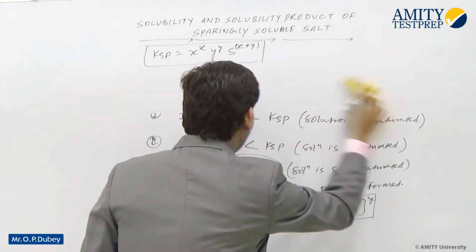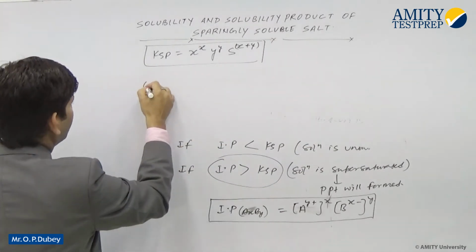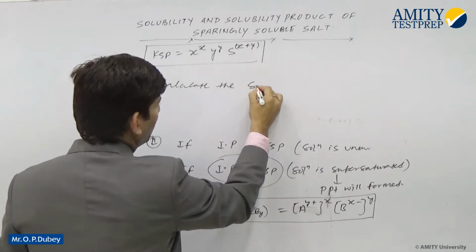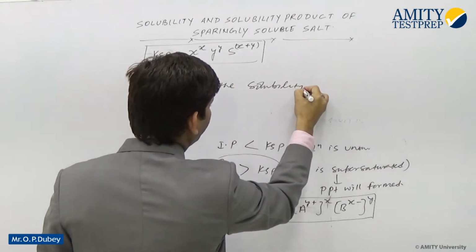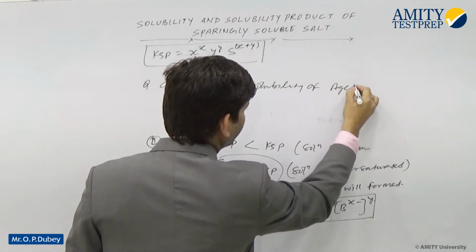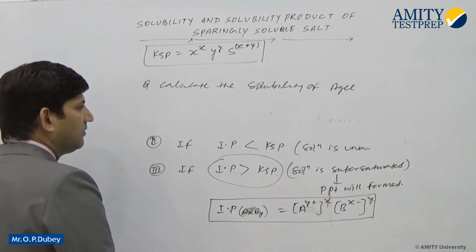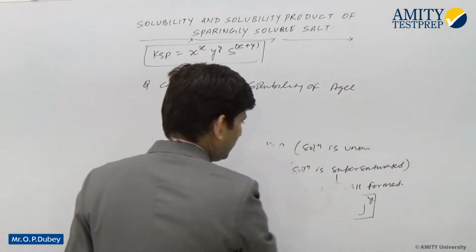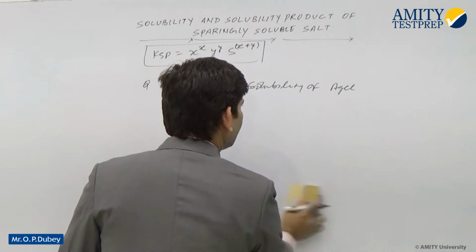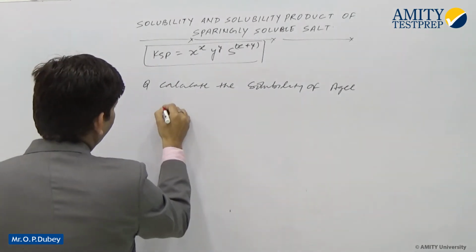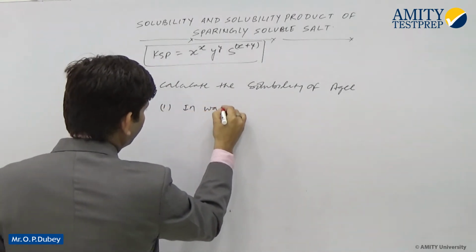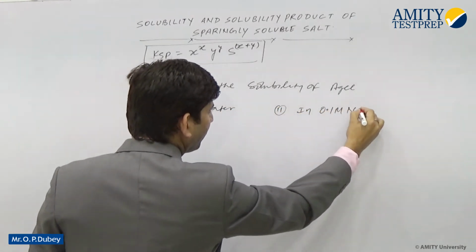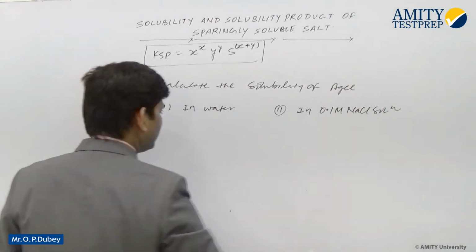Now a simple question for this: calculate the solubility of AgCl, first in water and second in 0.1 M NaCl solution.